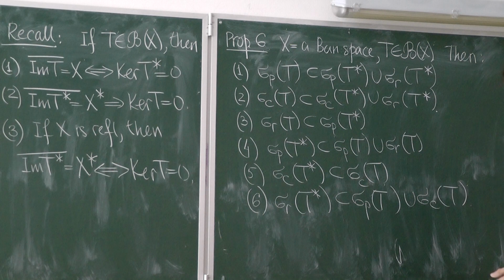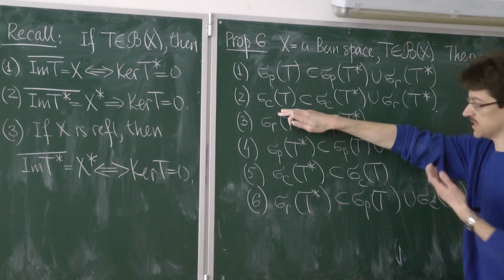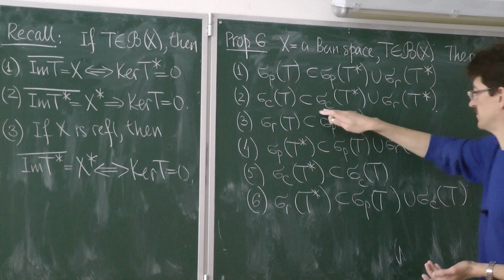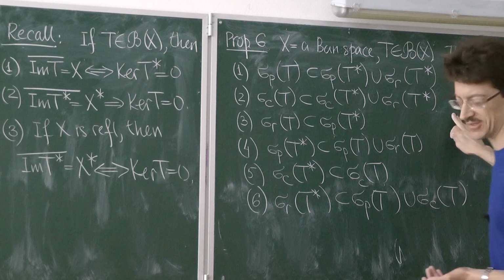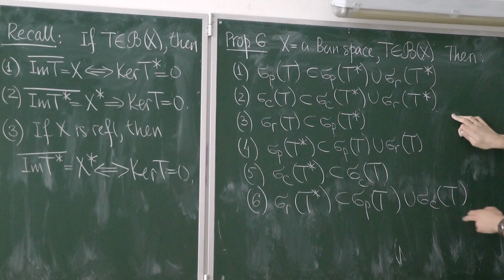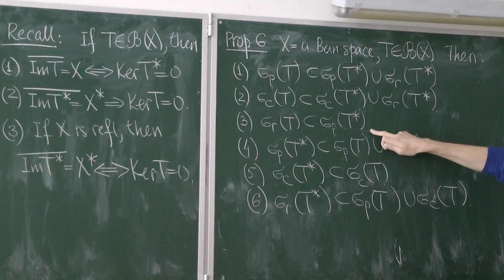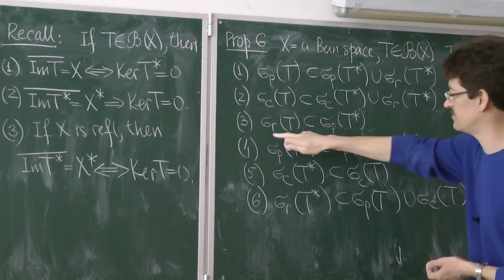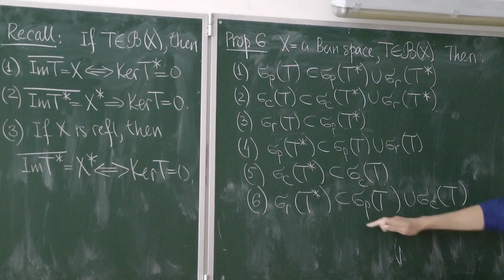And why is it so? This follows from this inclusion. If lambda is here, it can be in the continuous spectrum, and that's okay. But it cannot be in the residual spectrum of T because of this inclusion. And so it is either here or here.